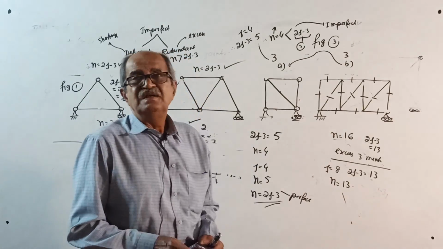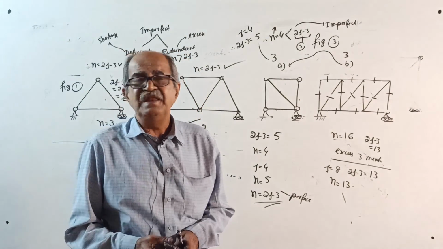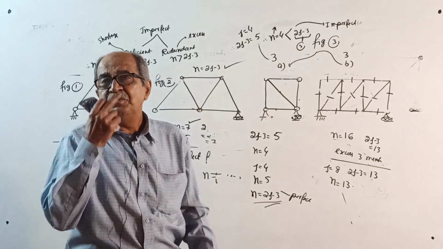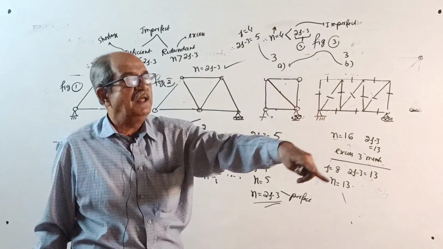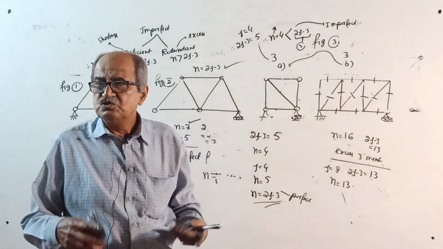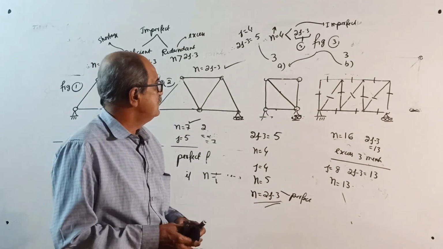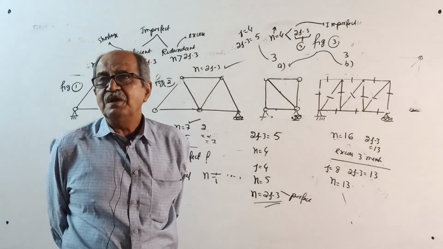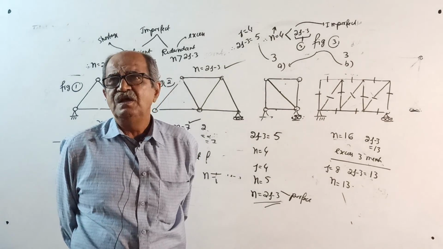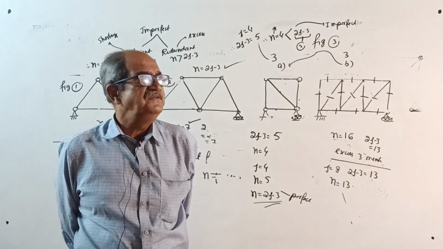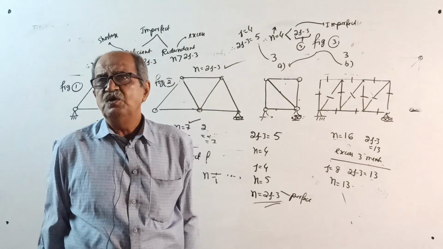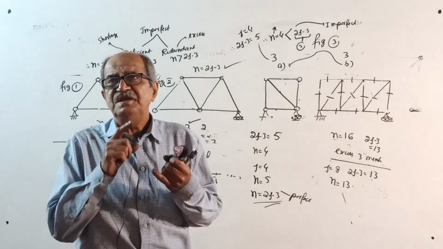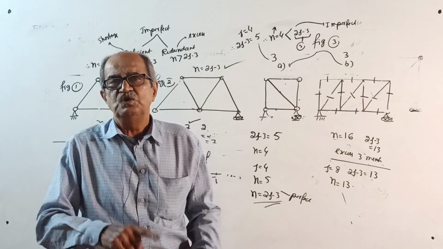First of all, sometimes I have seen these people discuss these things a lot. But when it comes to the important concept of equilibrium and applying the method of joints and sections, so many things are not told. And one more thing, there's a concept coming up later. Equilibrium. Majority of people will tell that when you consider equilibrium of a joint, you are considering equilibrium of a joint under combined action of external and internal.